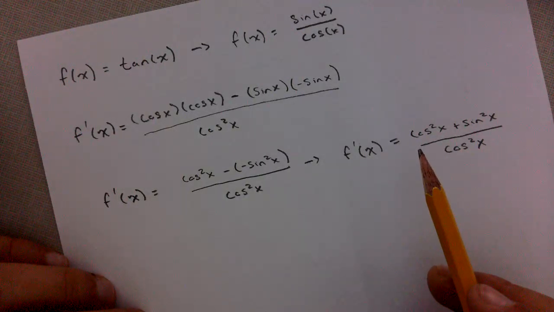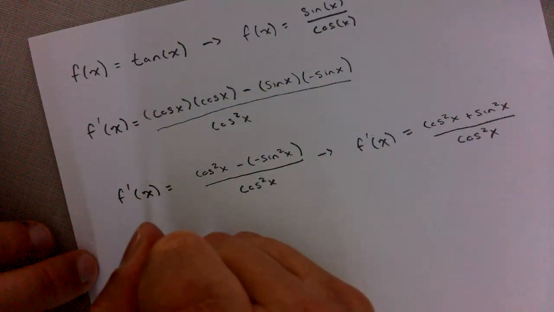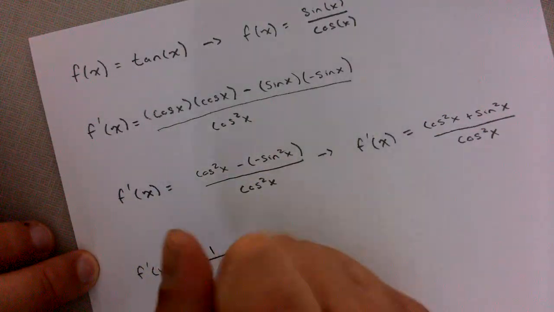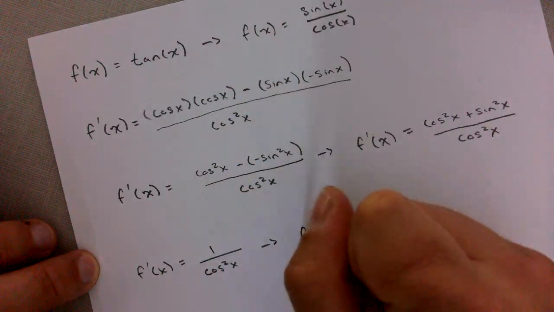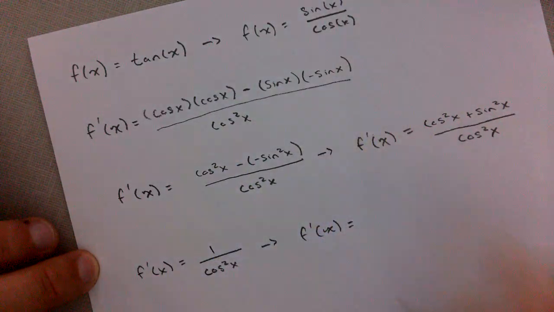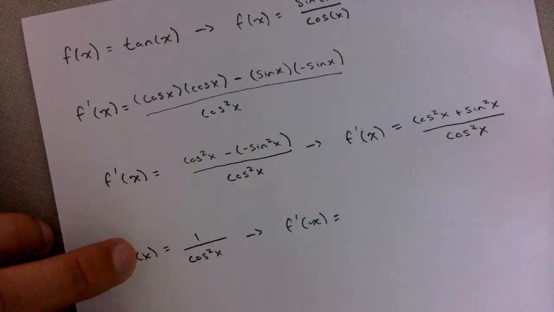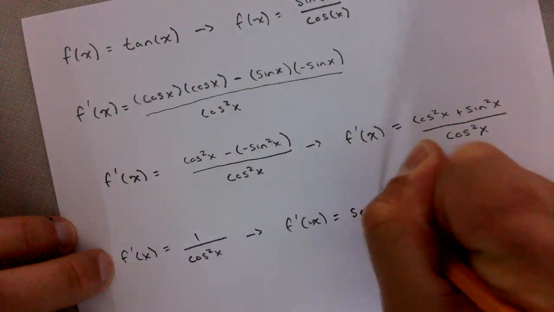So we know that cosine squared x plus sine squared x is equal to 1. So f prime of x is equal to 1 over cosine squared x. 1 over cosine x is secant x, so 1 over cosine squared x is going to be secant squared x.